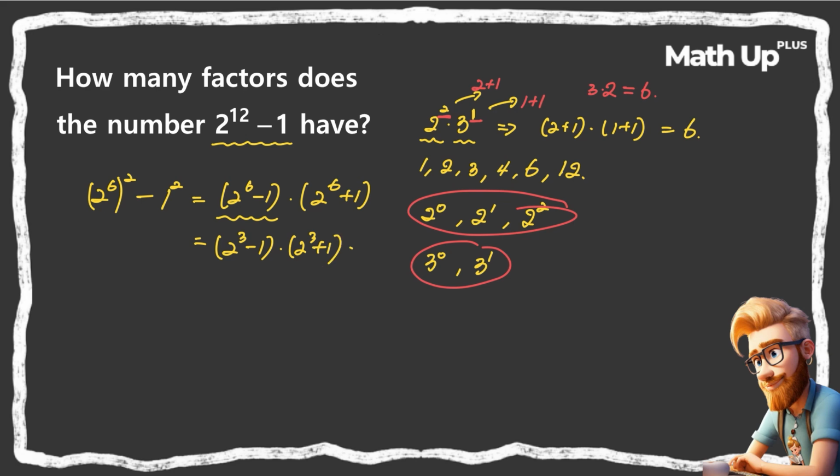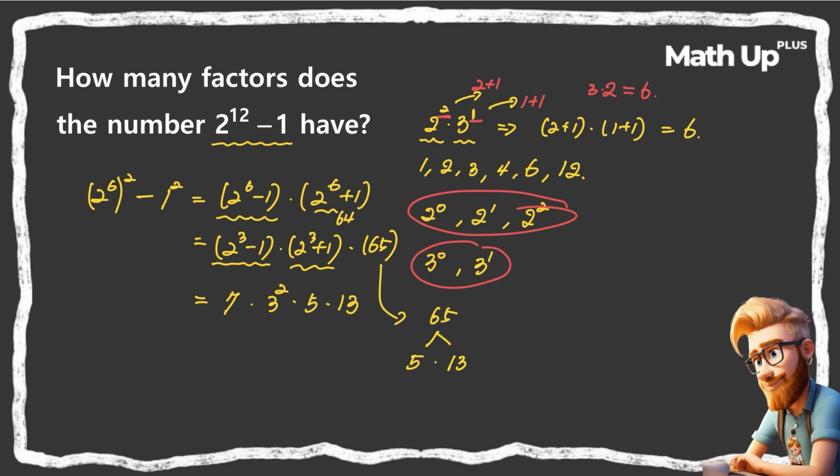And we have 2 to the 6, that's 64, plus 1, so 65 here. So this is equal to a minus 1, that's 7, a plus 1, that's 9, which is 3 squared. And for 65, 65 is divisible by 5, so that's 5 times 13.